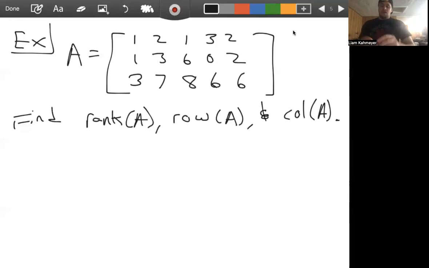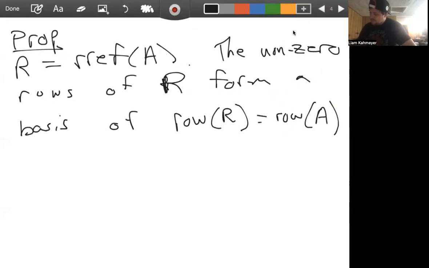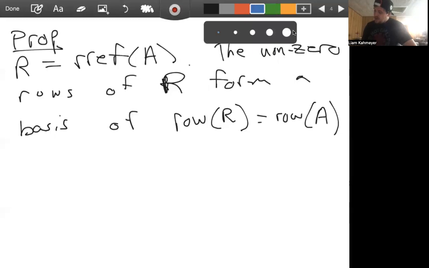Now, just to enhance intuition here, why all of a sudden do we care about the rank again? Well, let's think about this before we actually solve this problem. The non-zero rows of R form a basis, right?